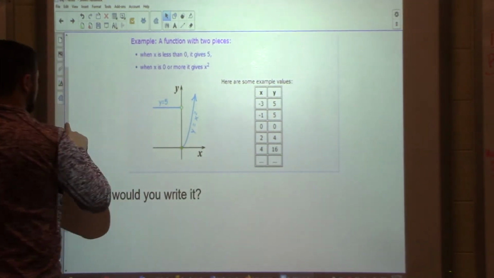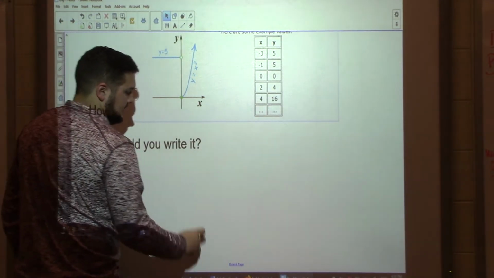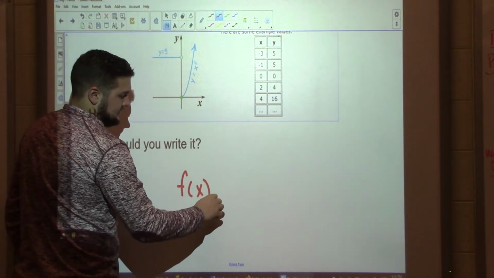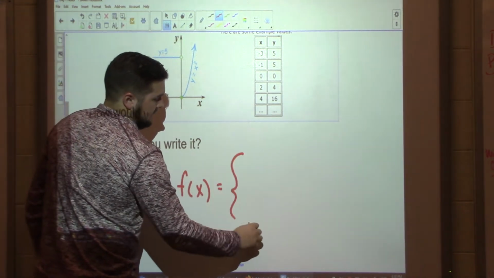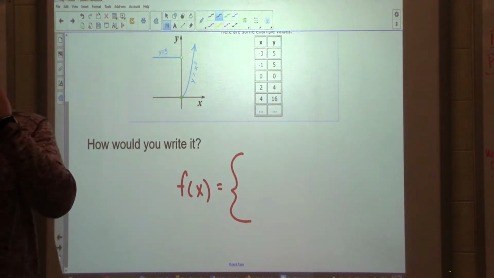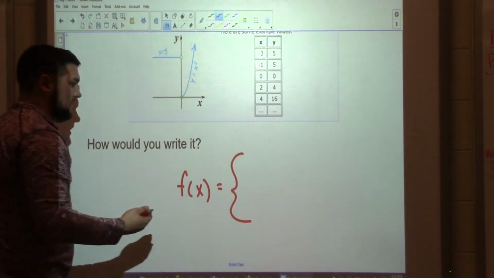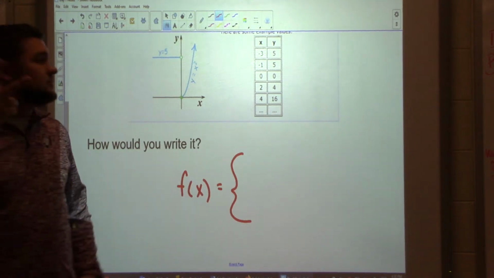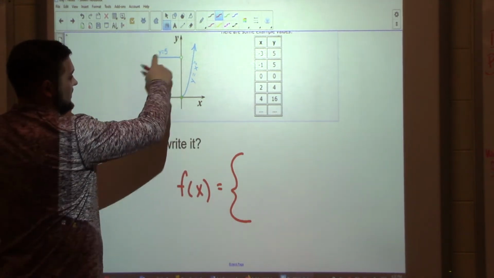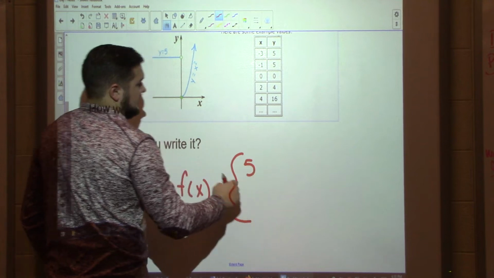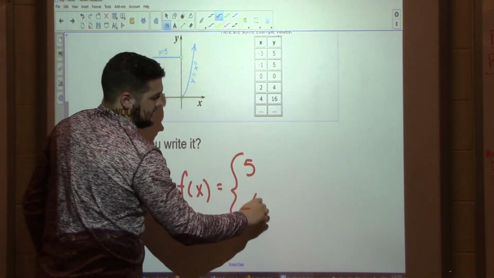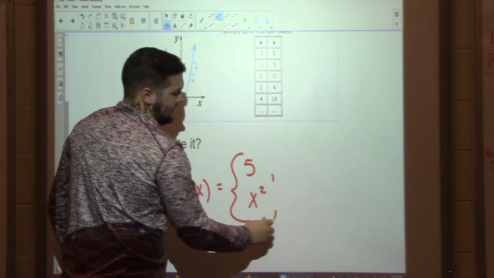So we're going to start just like we did before, f of x equals, and our nice little symbol there. Now, do your best with that symbol, I know it won't be perfect, right? But then we have to list 2 things, we have 2 parts to our graph. We have where it equals 5, and we have where it equals x squared. Some people put a comma after.